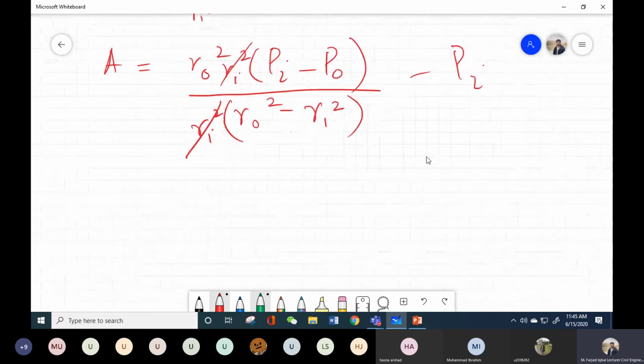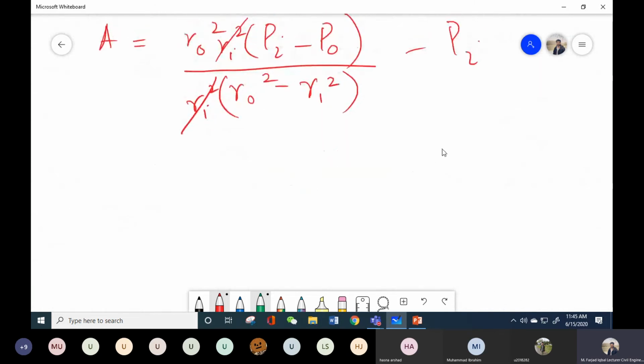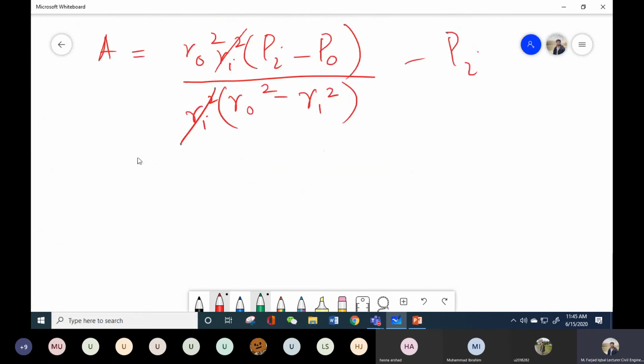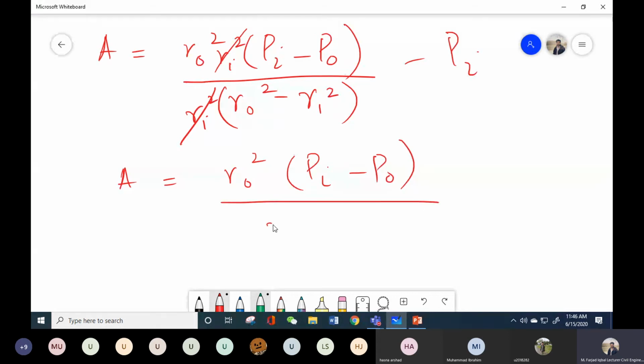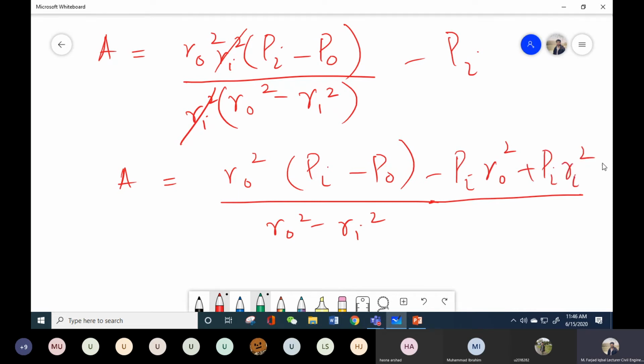So again, let's simplify this one to have a simple expression. So we'll get a is equal to r naught square pi minus p naught divided by r naught square minus ri square minus pi r naught square plus pi ri square.